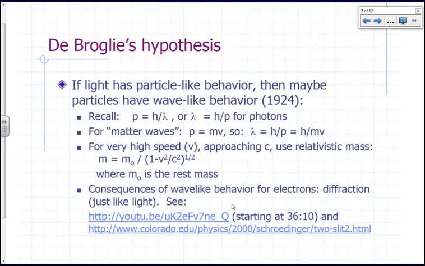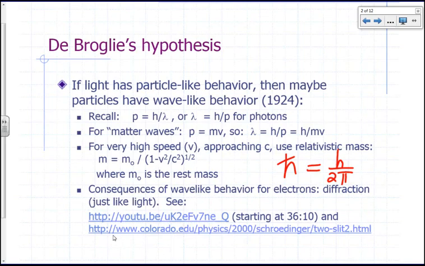This one talks about the wave-like behavior of electrons, and it also talks about the consequence of the wave-like behavior, which is the uncertainty principle. One thing to know before you watch this video is that he uses the symbol h bar, which we'll be using later on, and h bar is simply defined as h over 2 pi. Okay, so let's take a look at that.